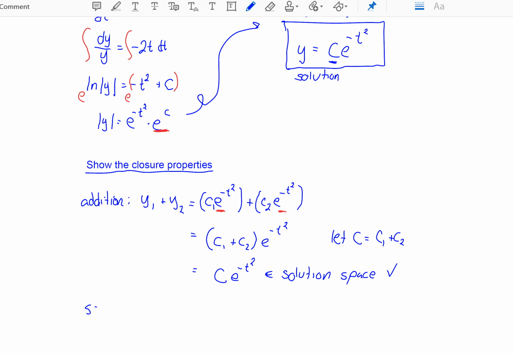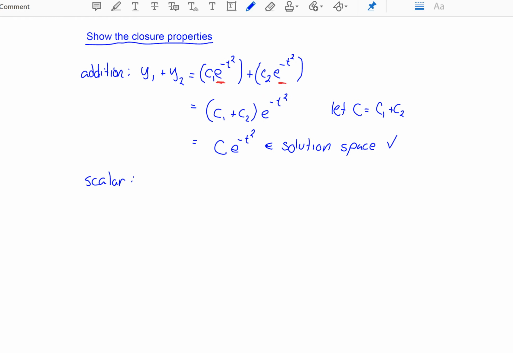Let's look at this scalar multiplication property. Here we want to show the scaled version of some solution is still a solution. So here we'd be looking at a scalar multiple of c1 e to the negative t squared.